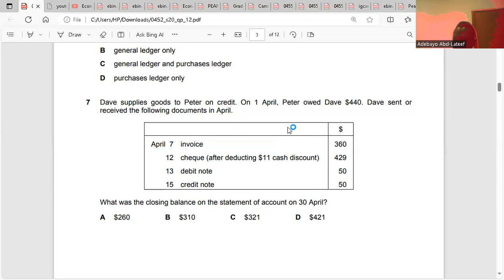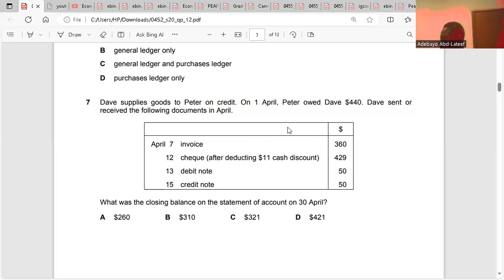The value will be the 440, which was owed before, plus 360 on the invoice, which is 800. Then a payment of 429 was made. Then you less the credit notes. So we have 800, minus the payment of 429, minus 50.